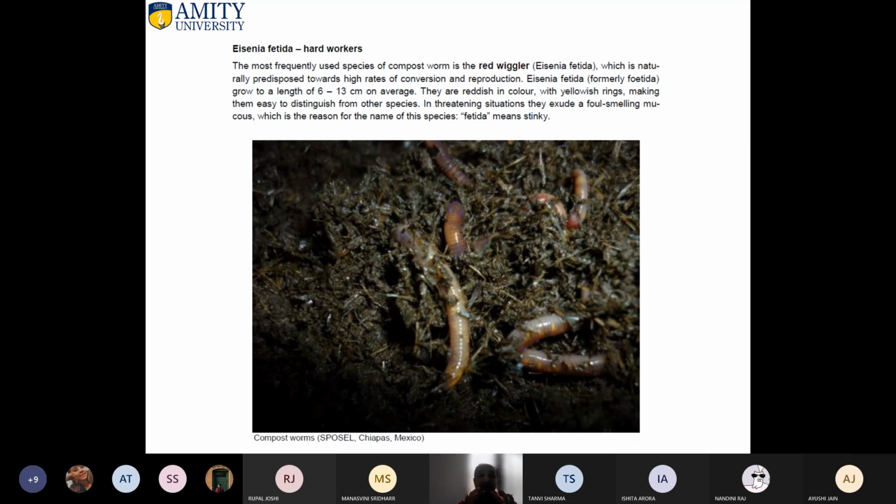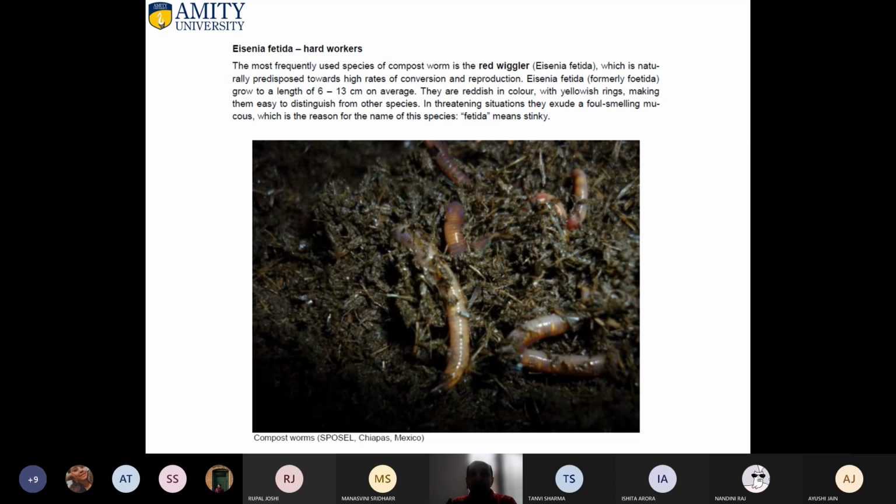If 250-300 grams is being consumed, by how many worms, the ones we talked about earlier, 225 grams of worms, that is around 600 to 800 worms. Multiply by 4, and 1 kg of the compost material can be ready in a very little time.